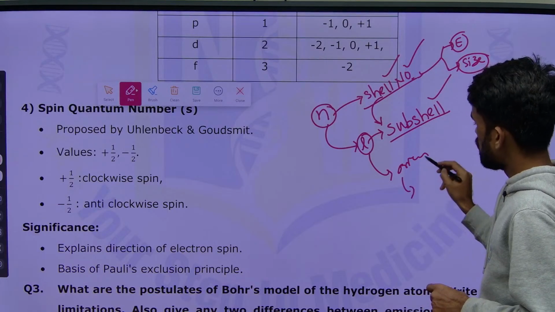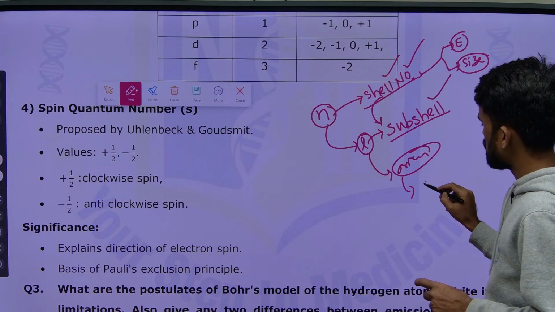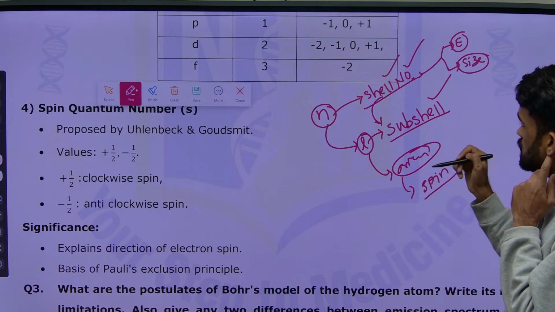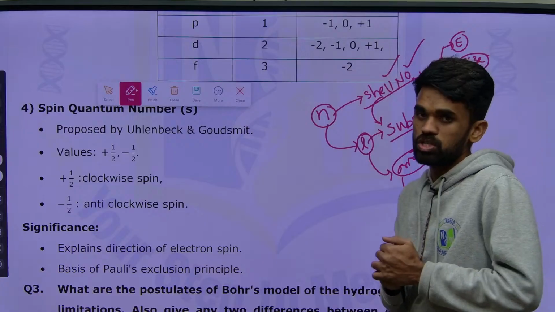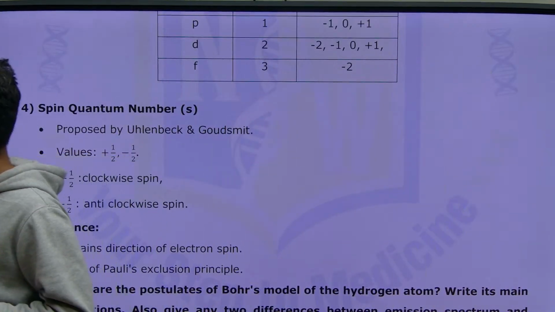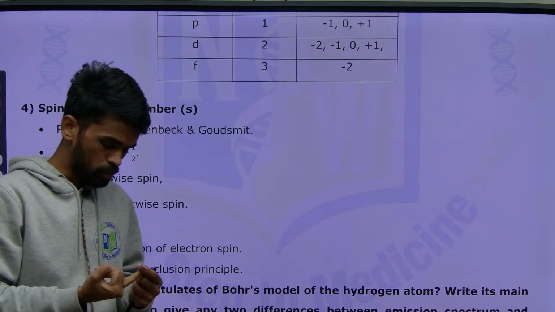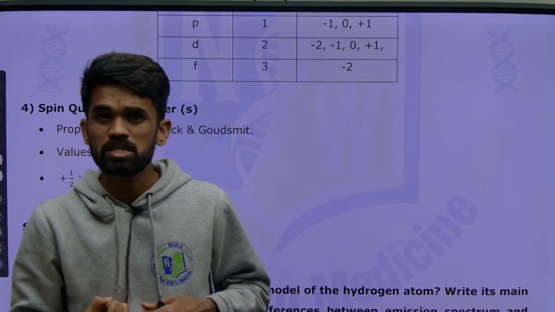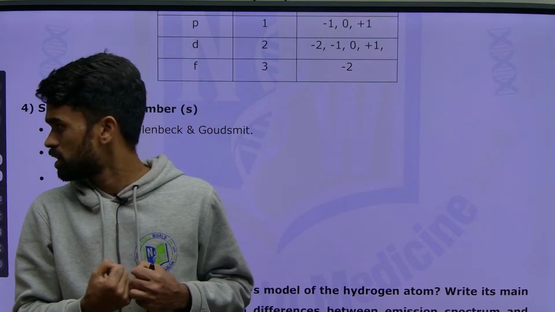After this, in this subshell, the electron is present, now what is the spin of that electron? So these are the four quantum numbers describing the electron position. You need to remember this because these are the two questions, one is Bohr's model, another one is these quantum numbers. These two questions must be focused on for your IPE first year. Okay, right.